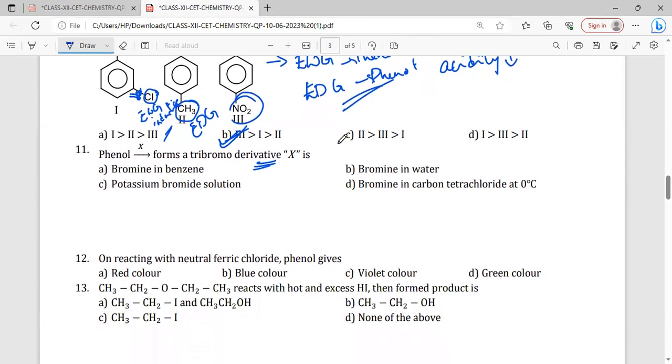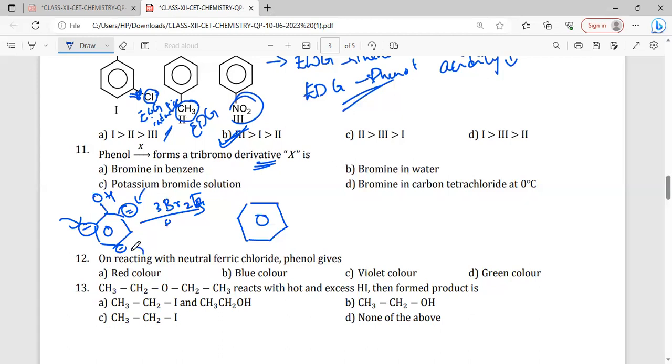This is an easy question, right? We know that phenols are highly activated. When I add bromine water to this, I can get a tribromo derivative because it is highly activated at the ortho and para positions.